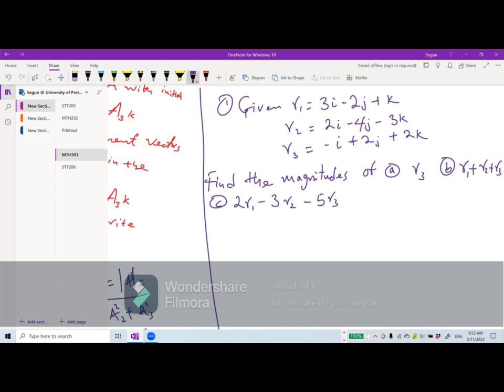So these are the things we are asked to find. Then for us to solve, remember the absolute value of r is equal to the square root of x squared plus y squared plus z squared.